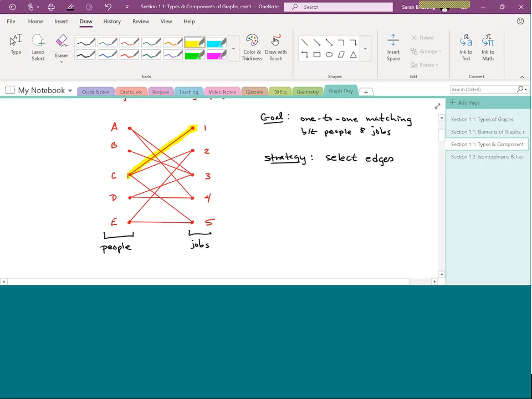I'm going to highlight the edges we used. You're also saying B3, yep, same reason. Person B is also degree 1, so we have to put person B in job 3.